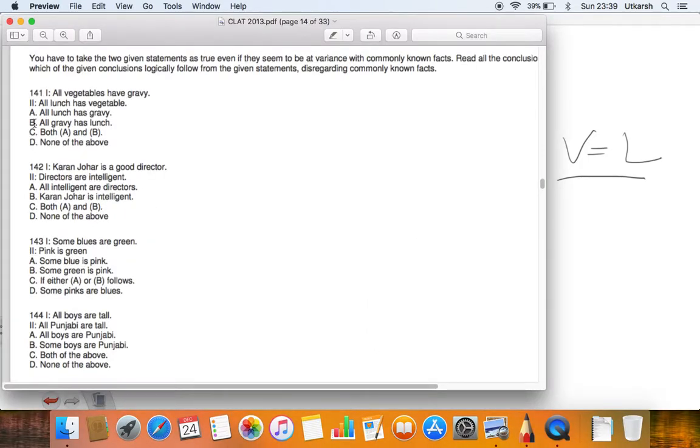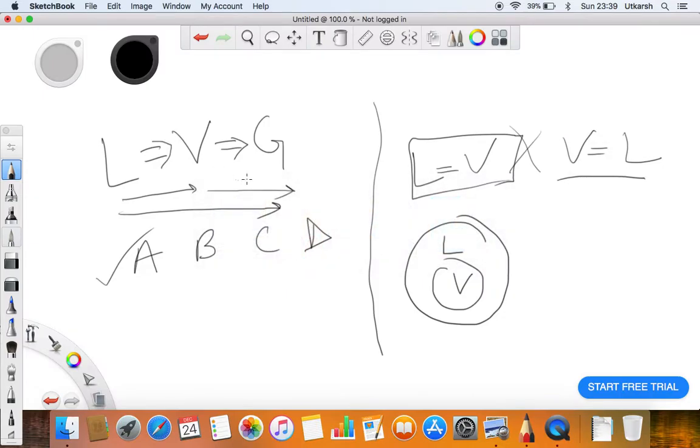Now let's look at all gravy has lunch. Just because it's flowing this way does not mean that this is correct. Same with the rose example. Just because I'm saying all roses are flowers does not mean all flowers are roses.